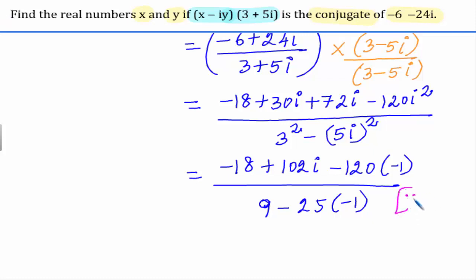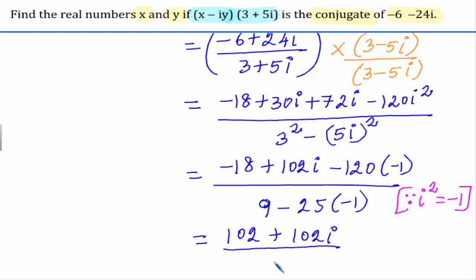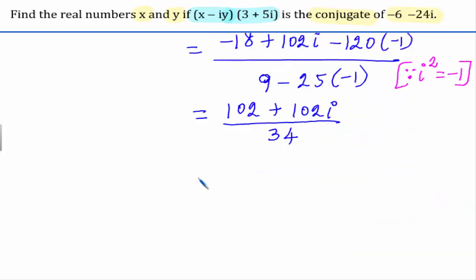Since i square is equal to minus 1, this will be equal to 102 plus 102i divided by 34. From the numerator, let us take 34 common.